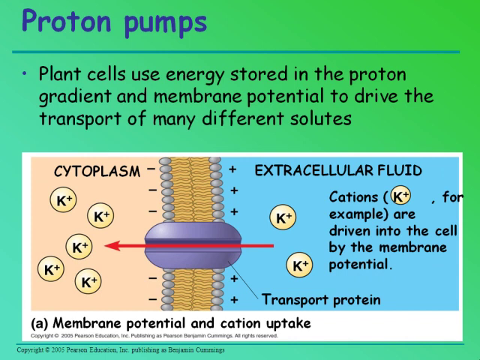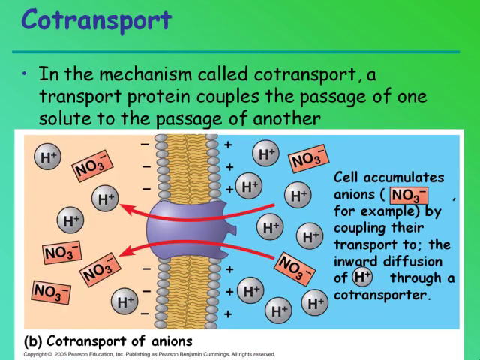So proton pumps. This is a membrane potential and cation uptake. So the cations, potassium here, for example, are driven into the cell by the membrane potential, okay, because this is positive and negative, so going through this carrier protein.